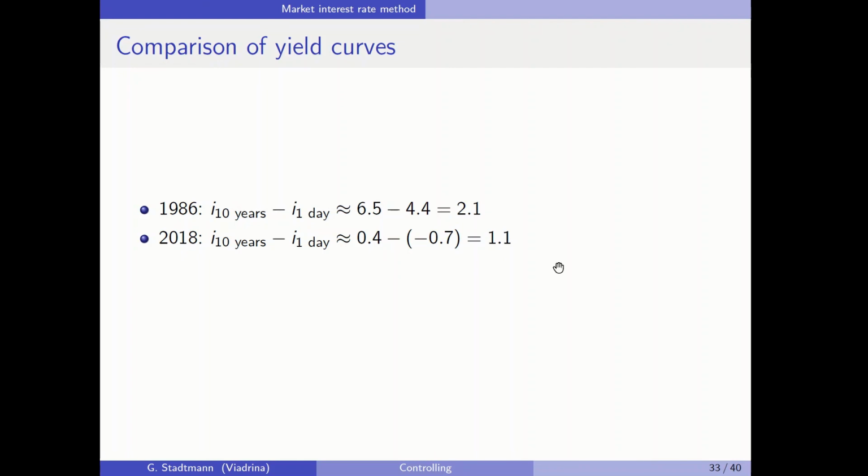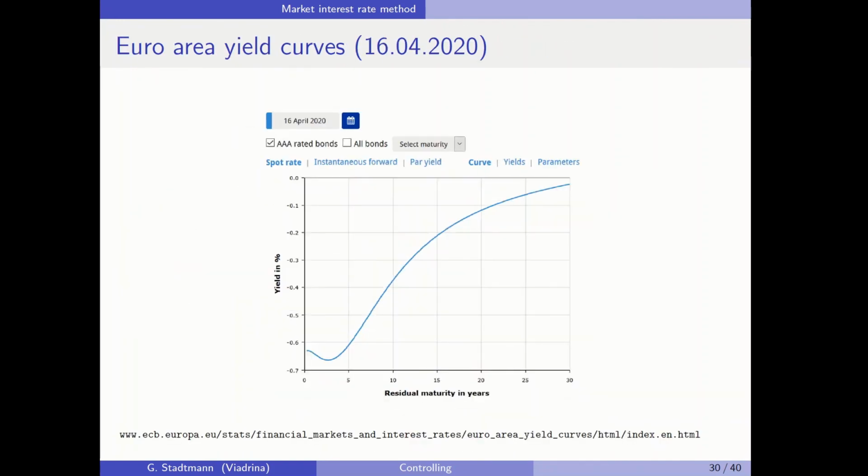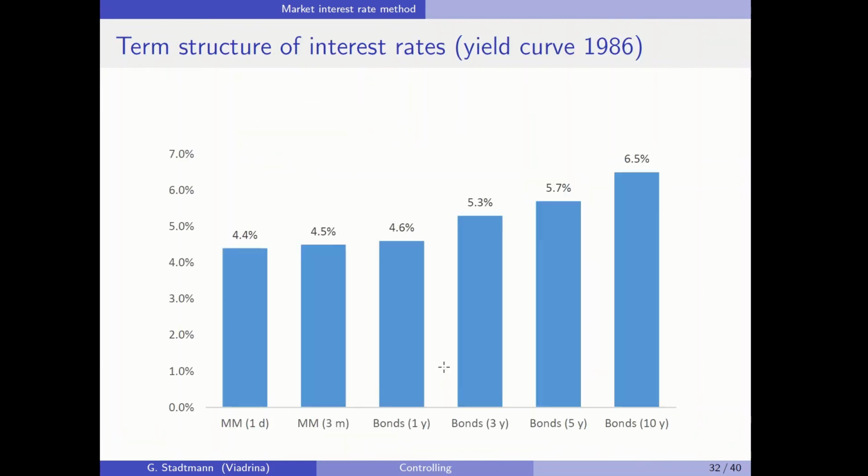How does that look in the year 2020? Let's go back to the slide. So here, for a 10-year bond, the interest rate is a negative 0.4. And once more, here we are at the lower end of the yield curve.